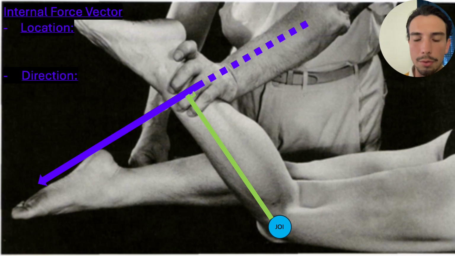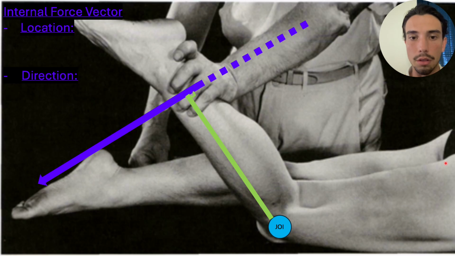So now we have to analyze the vector. We want to know where it's located and the direction that it's pulling or pushing in. So first, if we're looking at the location, remember that the location of our vector is in relation to the joint of interest. So remember that this person is prone, laying down, and we use our directional terms in relation to the person's body, not our view. So we know that the person's feet are down here, so that's going to be their more inferior portion, and their head is going to be here at the right side, more superior.